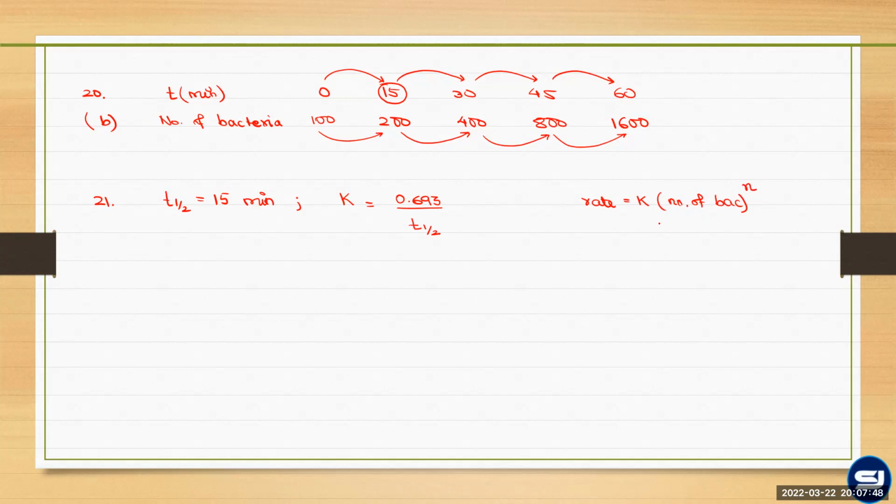Then you draw a line, and that line would be a straight line, and उसका slope would be the rate. कर सकते हैं. I think you should get the answer.